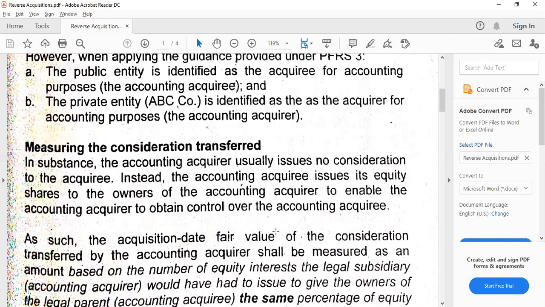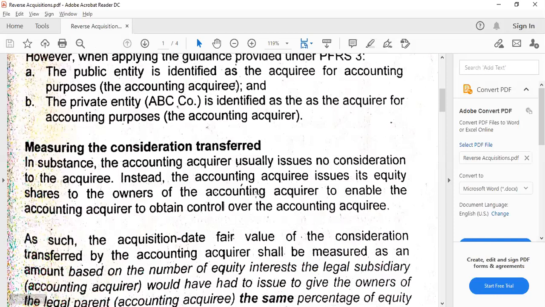So no confusion. If we say parent or acquirer, and on the other end of the spectrum is the subsidiary or acquiree, both legally speaking and accounting wise, those are the same terms.